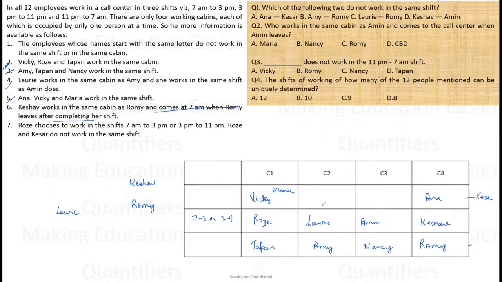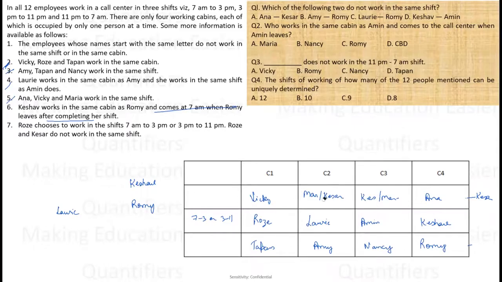And now I'm left with Kesar and Maria. So there are two spaces and they can come anywhere. Then Maria slash Kesar, Kesar slash Maria. So this completes it. Right? Now there is no contradicting point. Otherwise, I was not having the space for Maria. Right? Nothing was left for Maria. Okay. Now this completes my information.